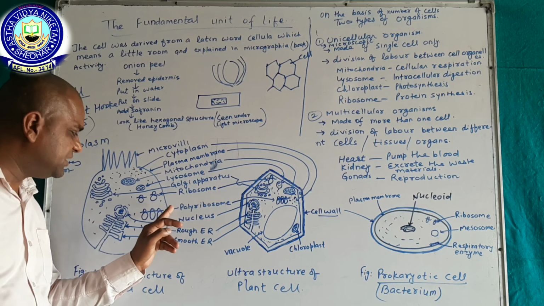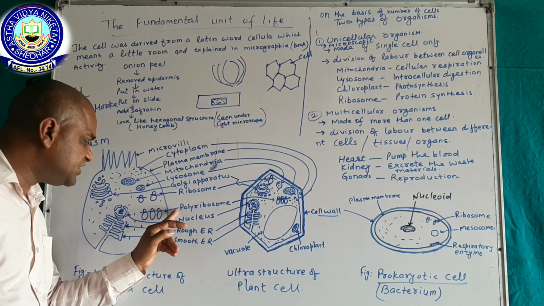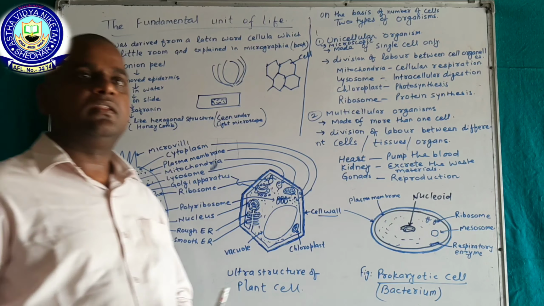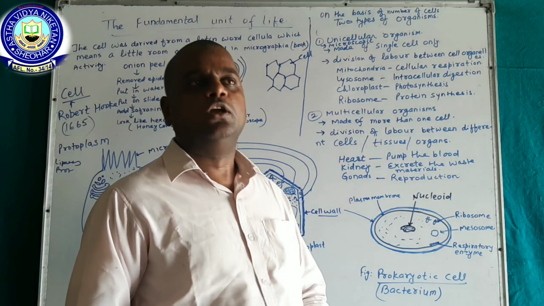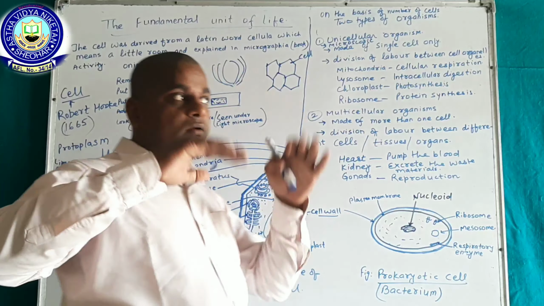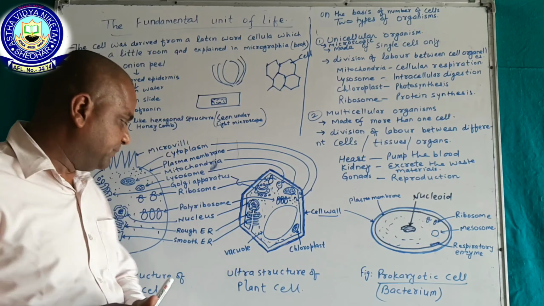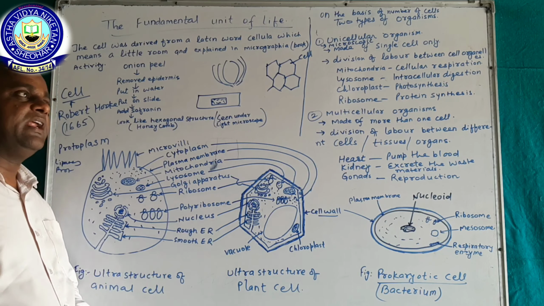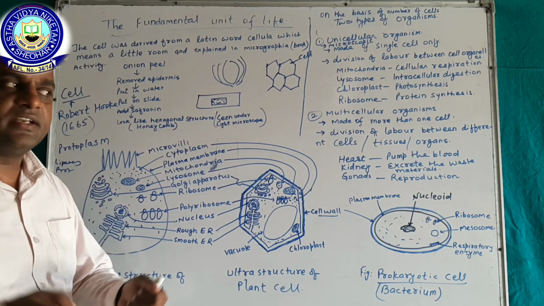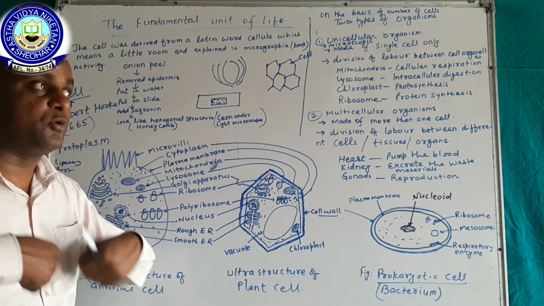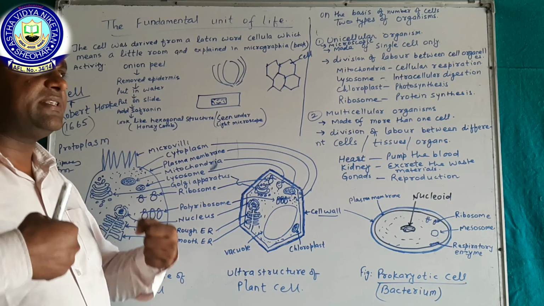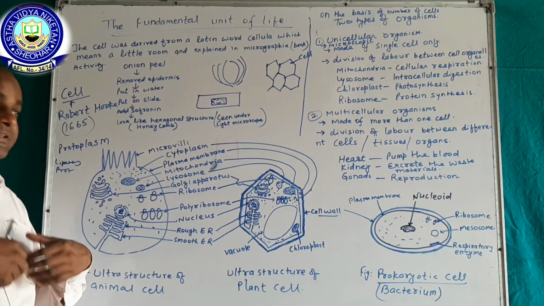Polyribosomes: whenever we work hard, we need much more energy to do our work best. At that time polyribosomes activate and produce much more proteins to compensate us.